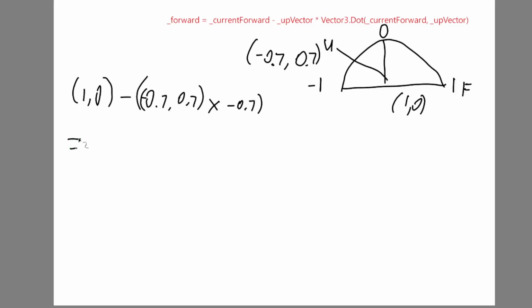Now if we take this a little further, we'll stick to that. Go negative there. Now we multiply this negative number in there, which means we get positive 0.49 and negative 0.49.